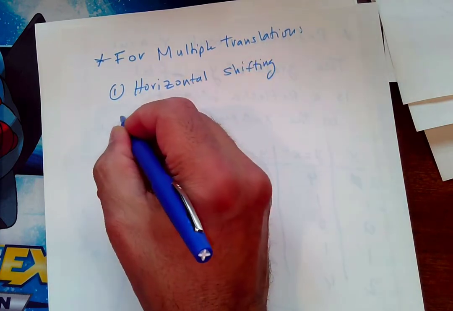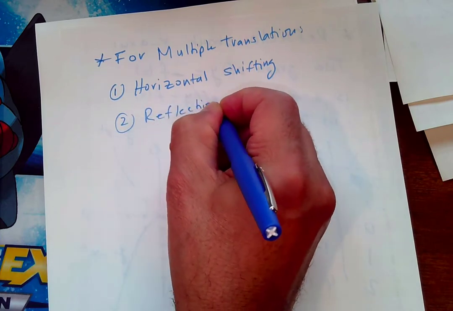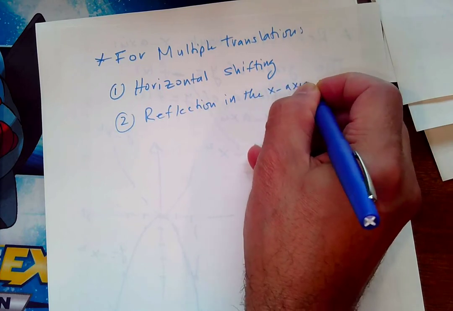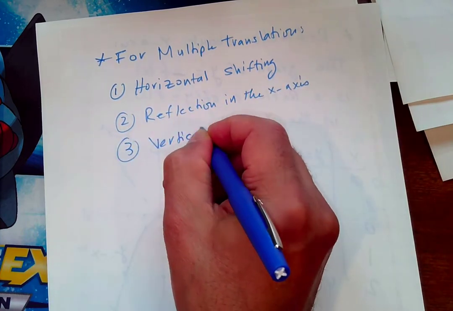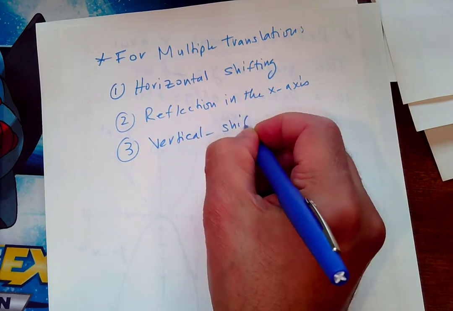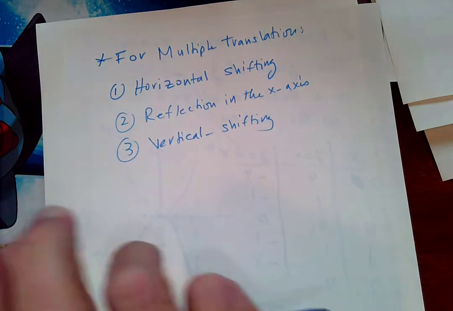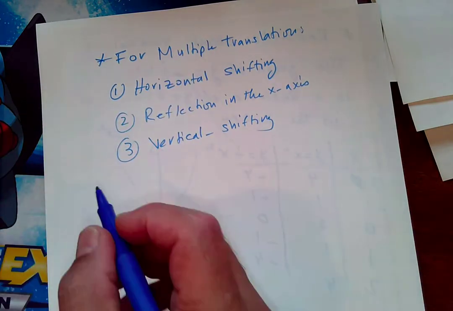Then you want to do reflection, which is timesing by a negative, reflection in the x-axis. Then the last thing you want to do is vertical shifting, which is outside. Okay, so you do horizontal, which is sideways, then you flip if there's a negative in front of it, then you do vertical.